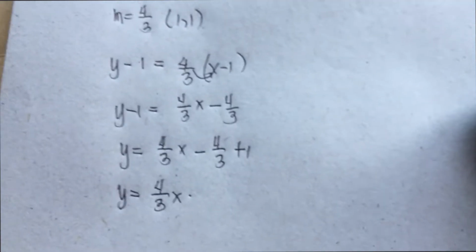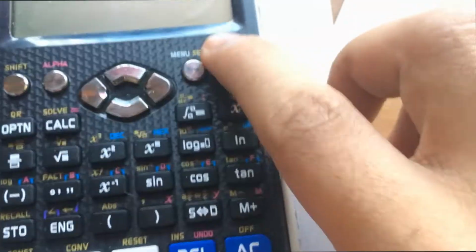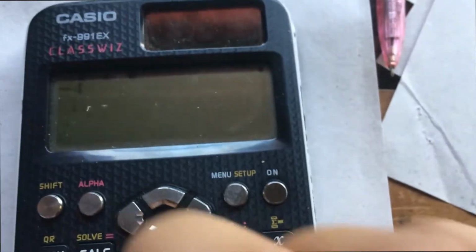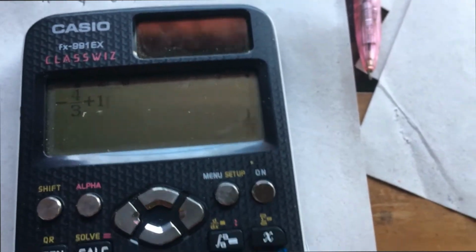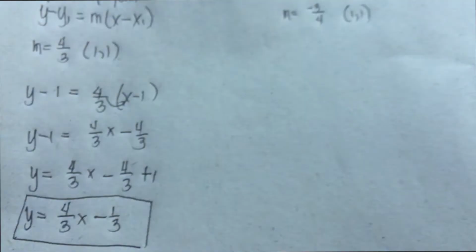Okay? So y is equal to 4/3 x, and of course, you can use your calculator. Bring the sign, negative 4/3 plus 1. So minus 1/3. This is now the equation of your tangent line.